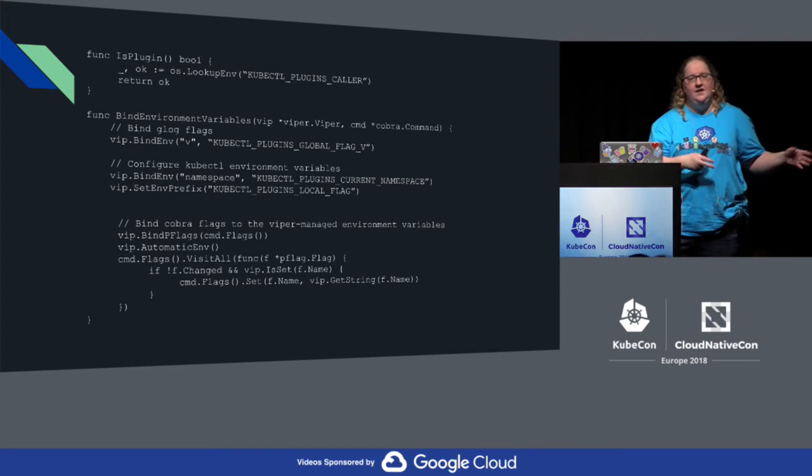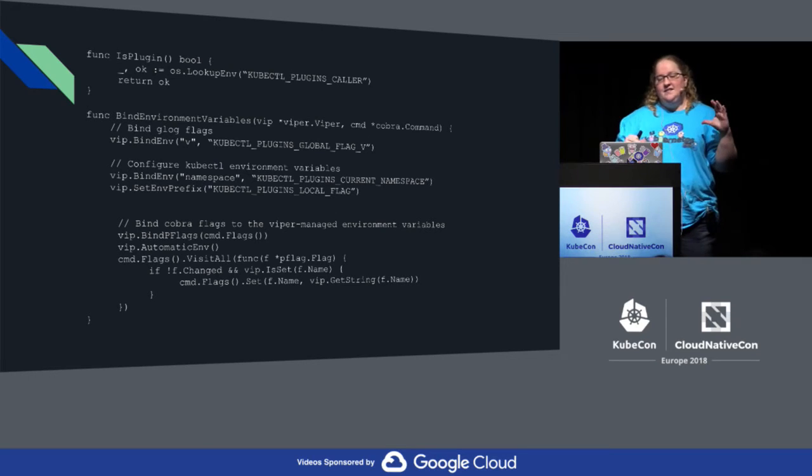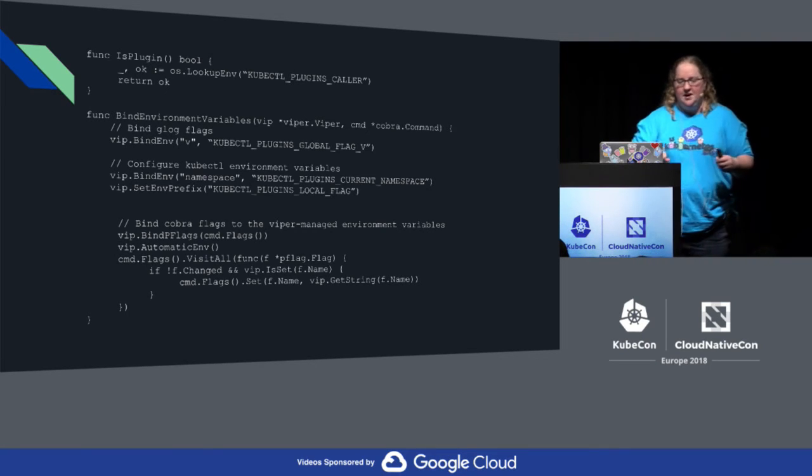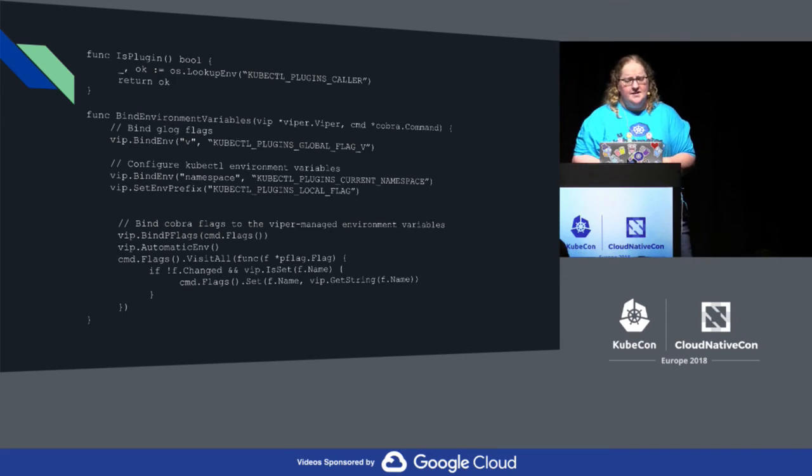It knows how to handle configuration files, environment variables, and flags. This is the magic glue that smooshes it all together and feeds it into your standard Cobra stuff so that none of our other code is aware that it's a plugin. So there isn't a huge overhead. I wrote these two functions, and ta-da, I'm a plugin. So again, glog is silly.